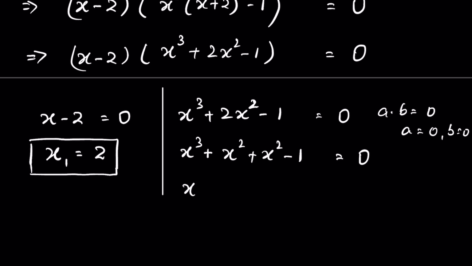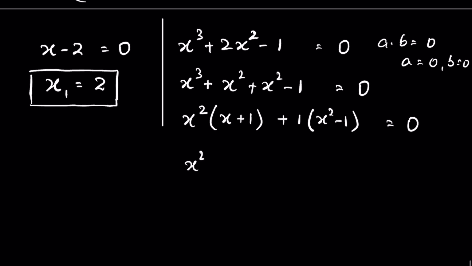Here we can take x² common and write x²(x + 1), then plus we can take 1 common, x² − 1 equals 0, or x²(x + 1) + 1 times (x² − 1), and this is in the form of difference of squares. We can write (x + 1)(x − 1).